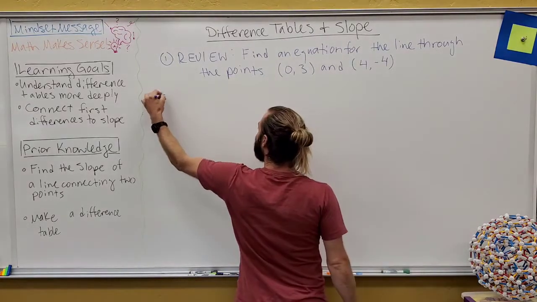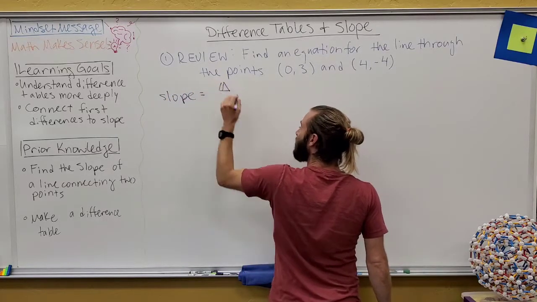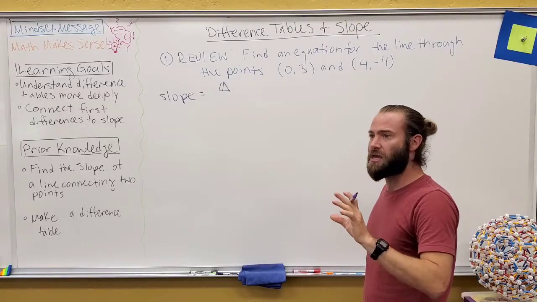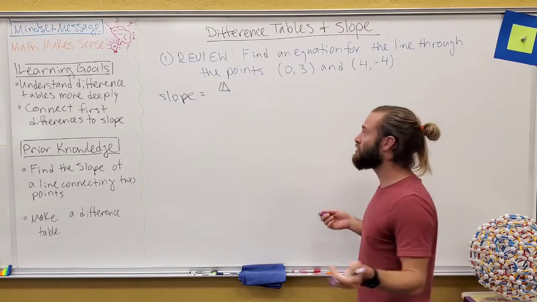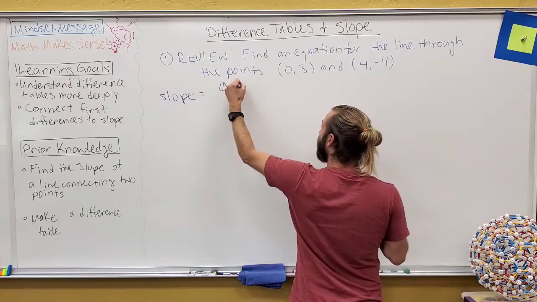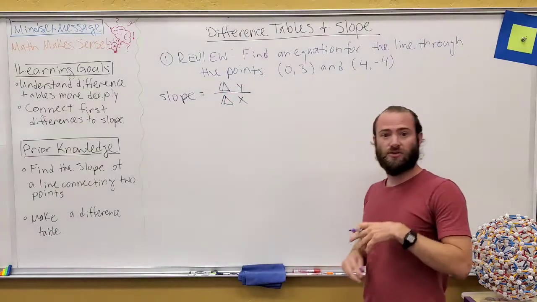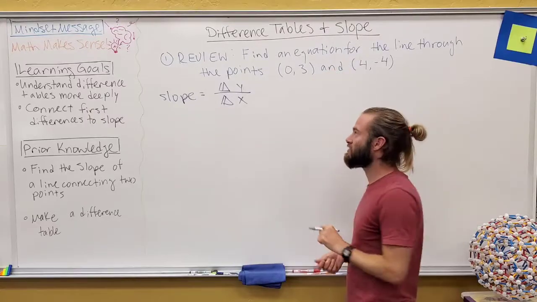And if you remember, the slope is equal to, and I'm going to use this delta symbol again. We use that in a difference table to mean one thing, but it does generally just mean change in something in mathematics. So I'm going to say it's the change in y over the change in x. And you can think of that as rise over run, because rise is change in y and run is change in x.